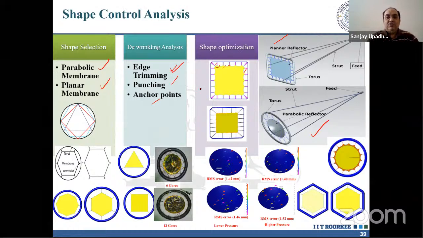The same thing on a square membrane as well as a rectangular membrane. Sorry, circular membrane. So we have done this mathematically as well as experimentally. This experiment we have done with 6 gores, and 12 gores we have developed. This is a cycle tube.